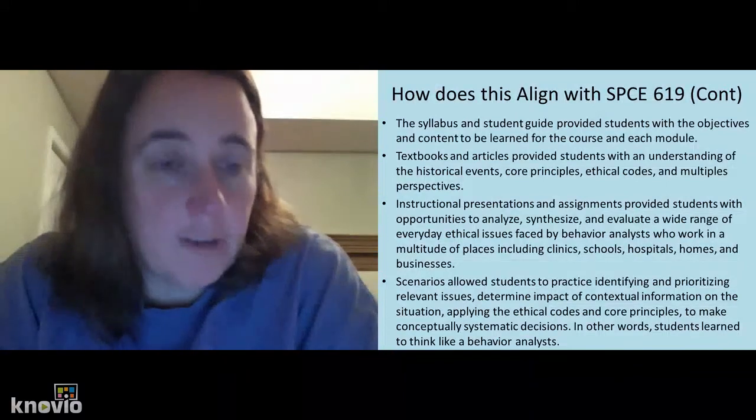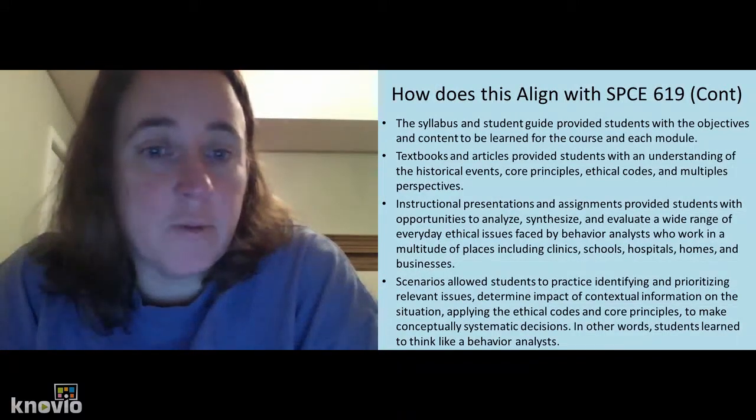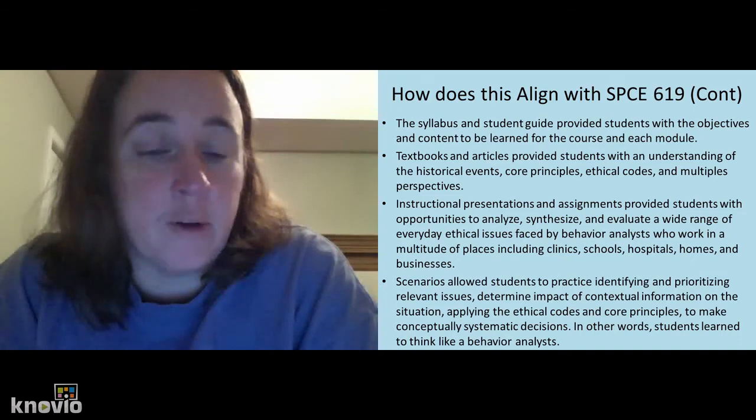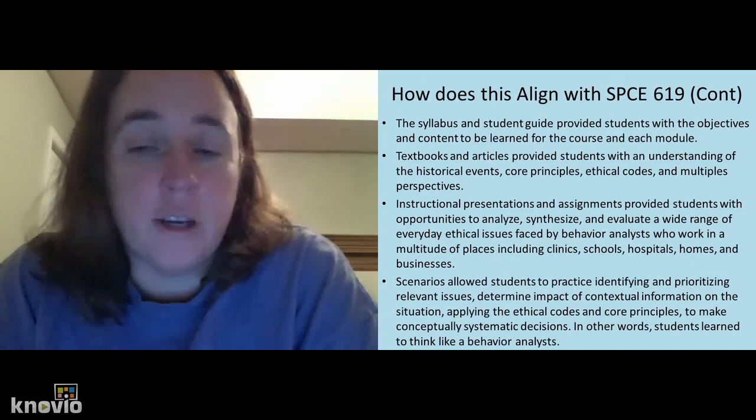Some of the specific materials we utilized were the syllabus and the student guide to give you the objectives and what you should learn, the textbooks and the articles to give you the history and the ethical principles, as well as the opportunity to view multiple perspectives. And then the instructional presentations, assignments, and scenarios were designed to let you apply the codes. In other words, to get you to think like a behavior analyst.